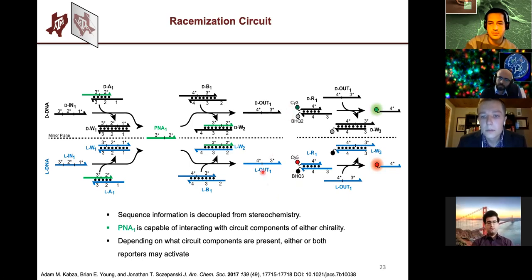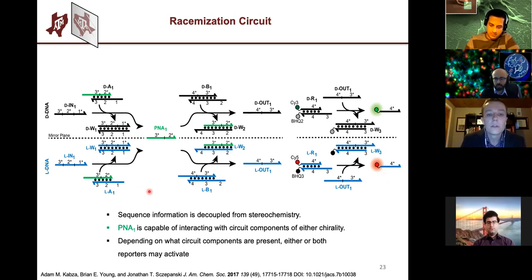When this output strand interacts with the reporter duplex, it releases the fluorophore and generates either a Psi3 or a Psi5 signal. And we specifically chose Psi3 and Psi5 in this case to have orthogonal fluorophores so that in real time we could track exactly which half of our circuit is being activated.